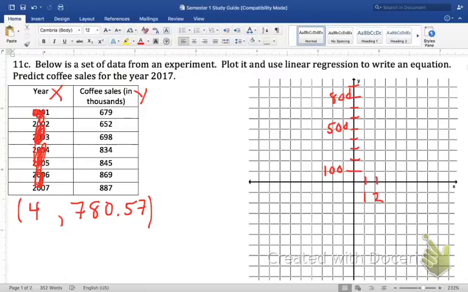Alright, so I'll just come over and plot some of these. So 1, 6, 79, about right there. 2, 652. Right there, 3, 6, 98.